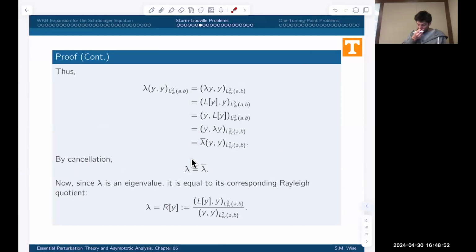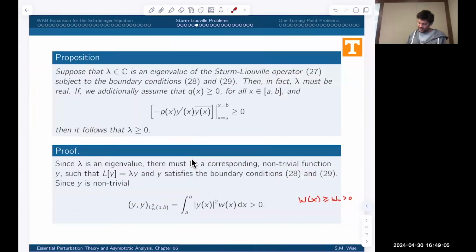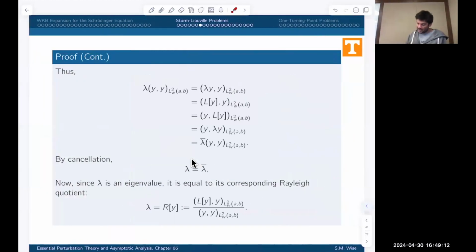Okay, so let's go through this calculation. Take lambda times that inner product of y with itself in the weighted L2 inner product. What we know about this inner product is that it's conjugate symmetric. So if I have a lambda outside, I can reattach it to the first argument without a complex conjugate. Well, that's lambda y, so that means that this is L times y.